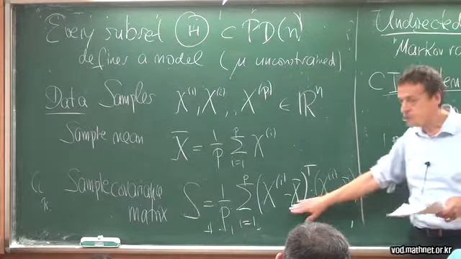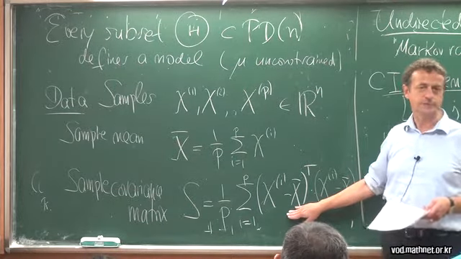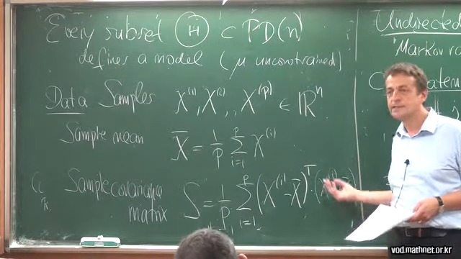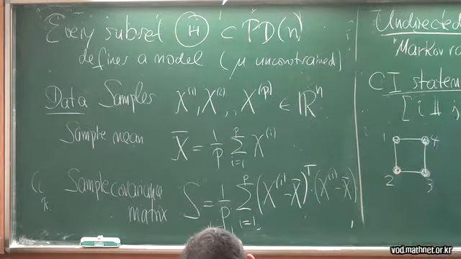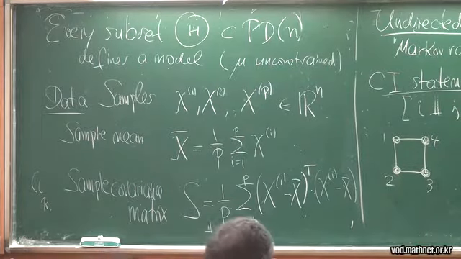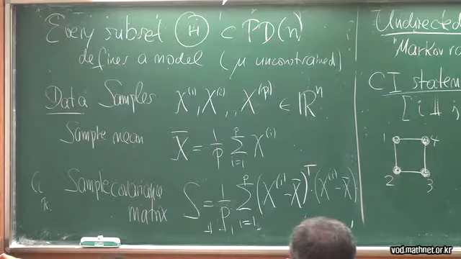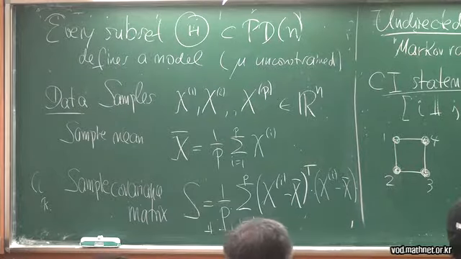Then you form the corresponding rank 1 matrix, this row vector times that same column vector. That's a rank 1 n by n matrix, and then you average them up. This average is a positive semi-definite matrix.